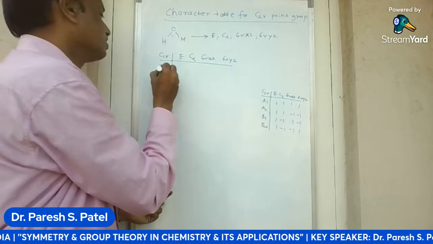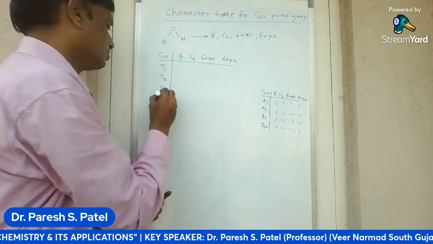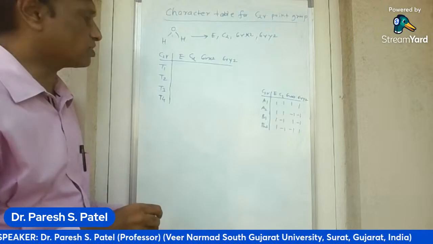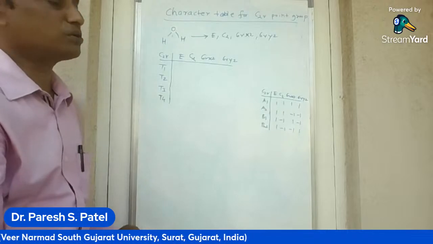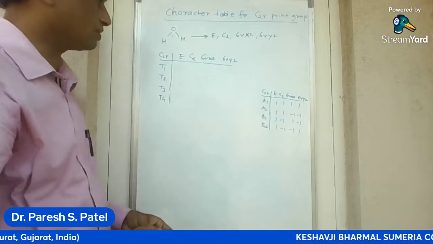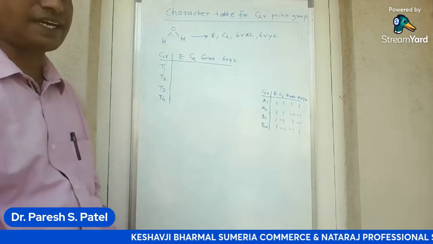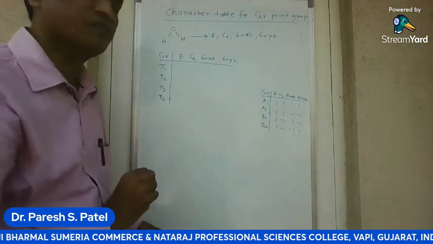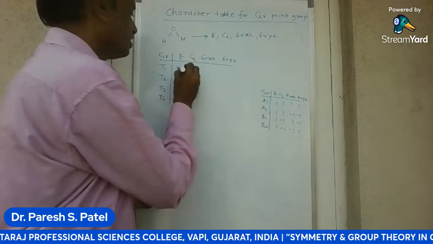According to the characteristic number first, the number of classes is equal to the number of irreducible representations. Here the number of classes is equal to 4. It means the number of irreducible representations should be equal to 4. Next, characteristic number second: the sum of the square of the characters is equal to the order of a group. Suppose this one is character 1E.